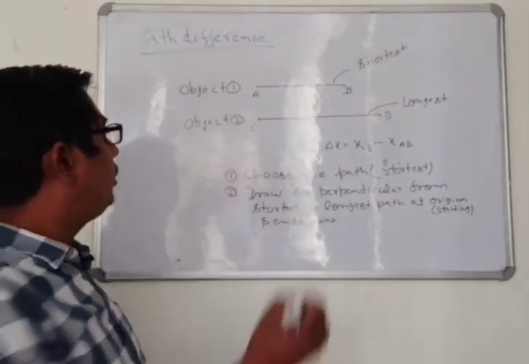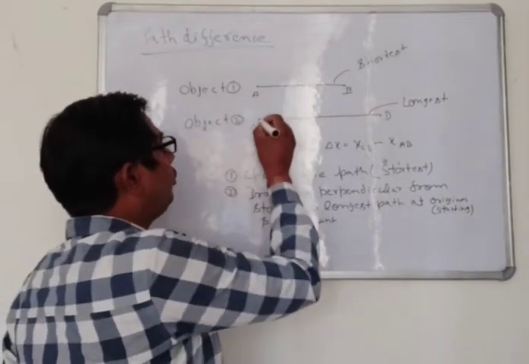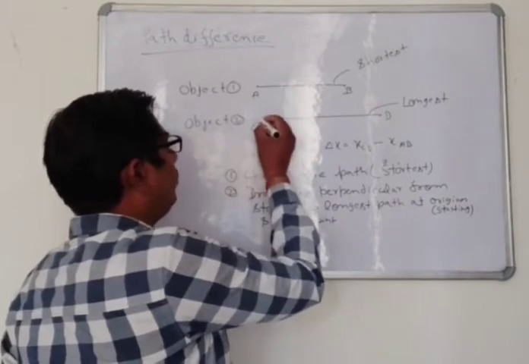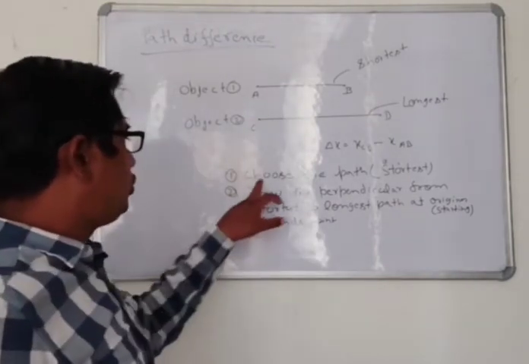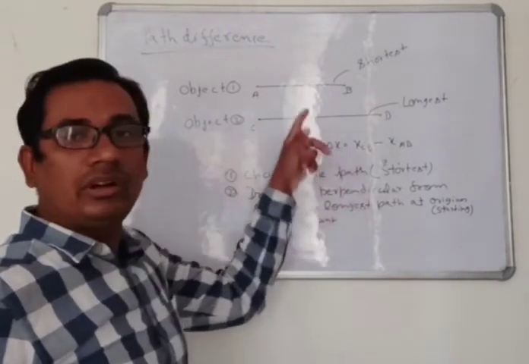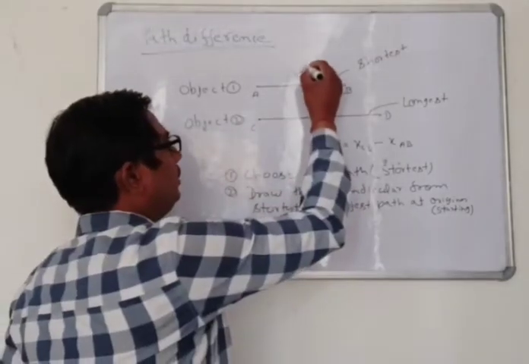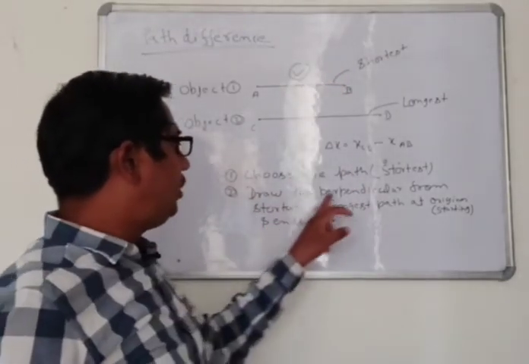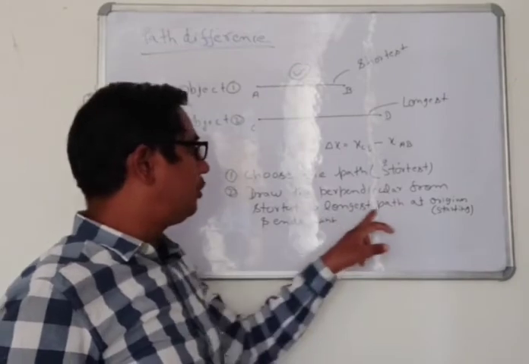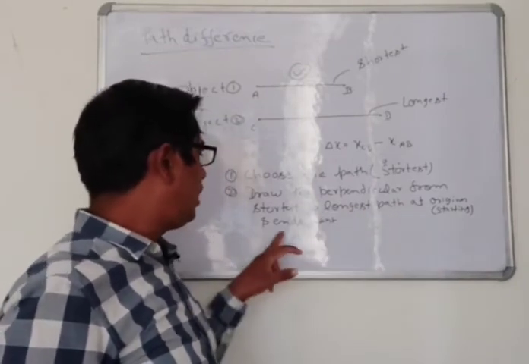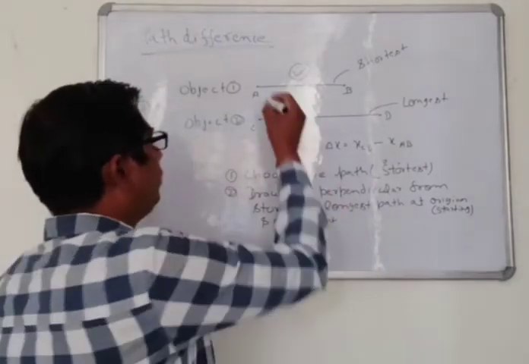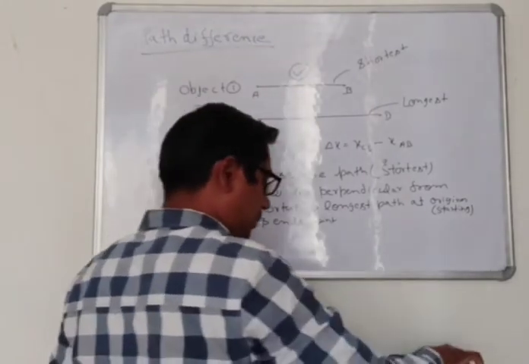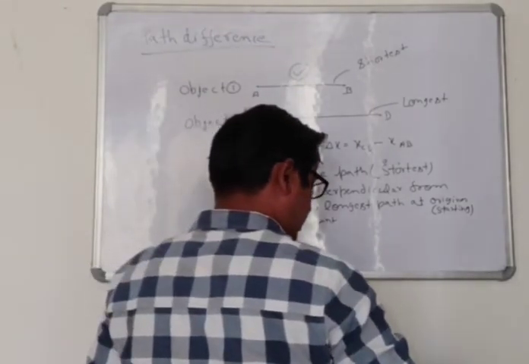Suppose object 1 started from here and object 2 started from here. Choose the path: which one is the shorter one? This one is the shorter one. And draw the perpendicular from the shortest to the longest path at the starting and end point. At the starting point, draw a perpendicular like that.